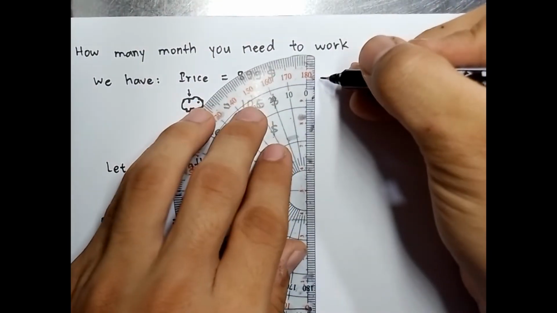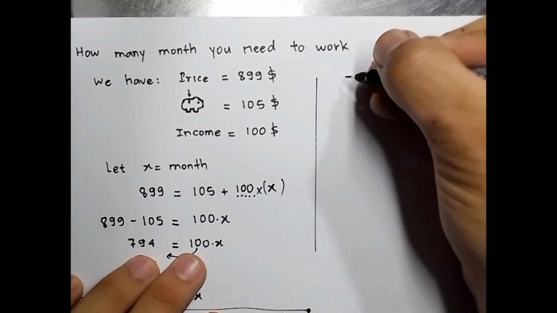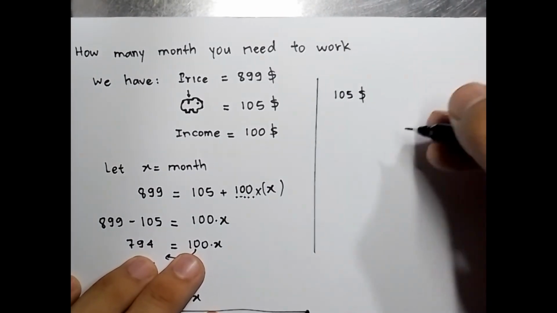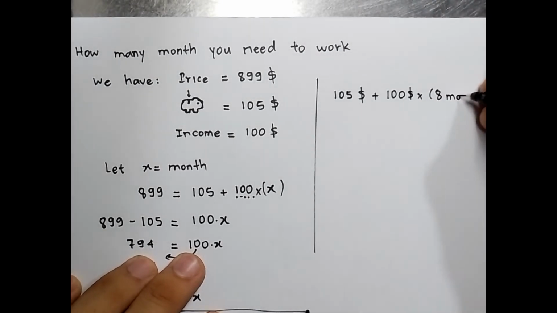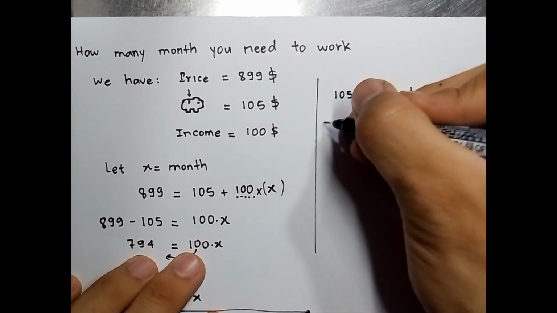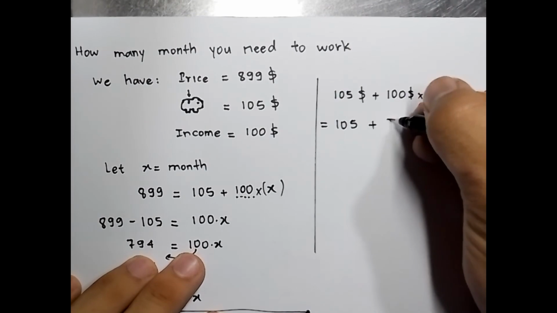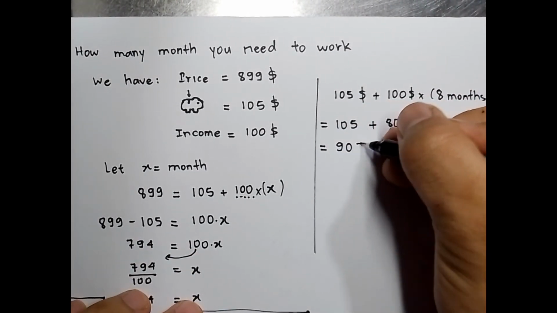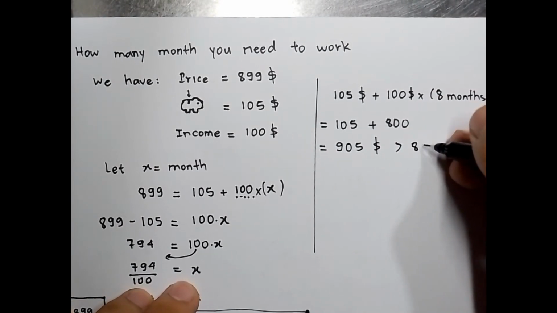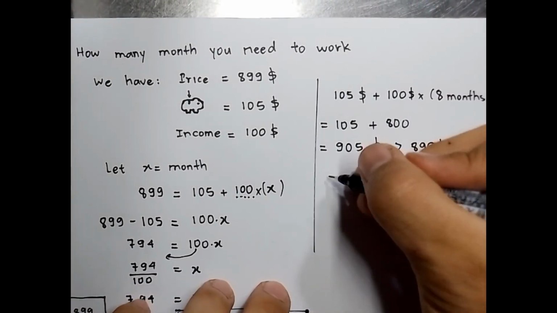So let's see. I'll give you an extra question. How much money will you have left after buying this phone? So you have $105 plus 100 times 8 months. So the total money will be, okay, 105 plus 800 is $905. So it's bigger than the amount of money that you need to buy a phone.